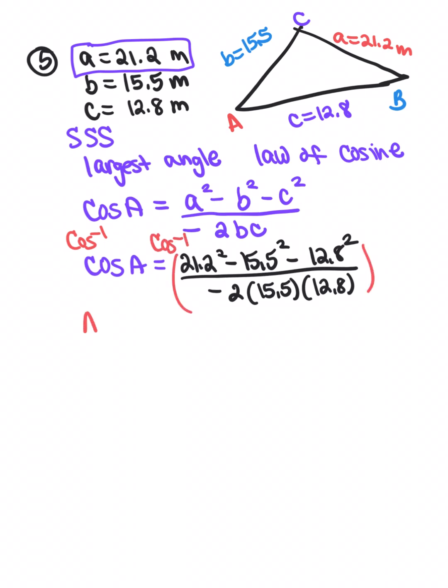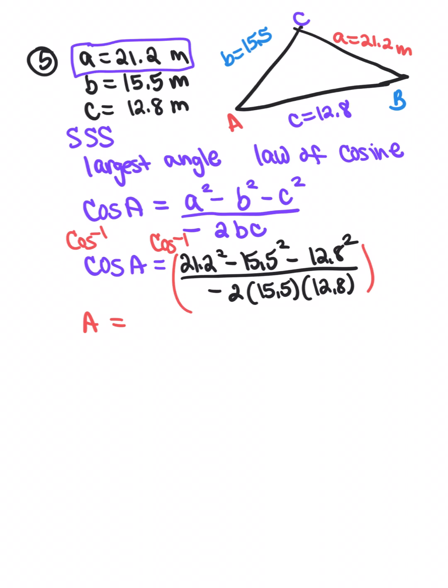So once again, if you have the button alpha y equals, you're going to use that because it helps a lot with how to punch things in the calculator. So I'm going to hit my cosine inverse first by hitting second cosine. So there's my inverse button. Then I'm going to hit alpha y equals to get my numerator and denominator.